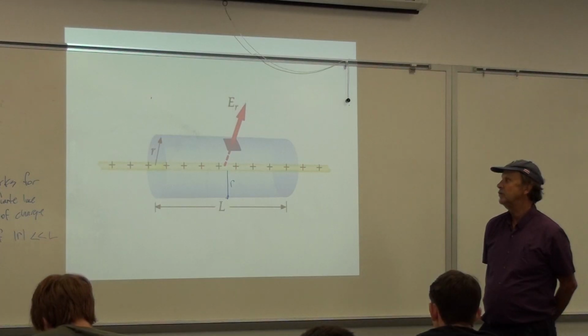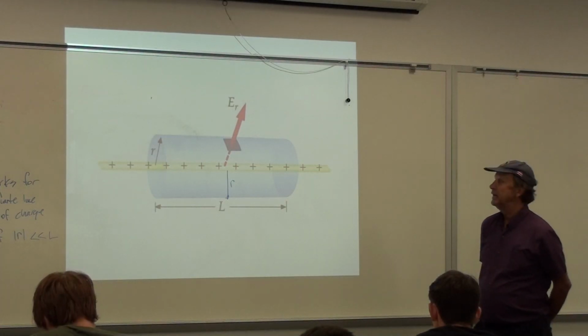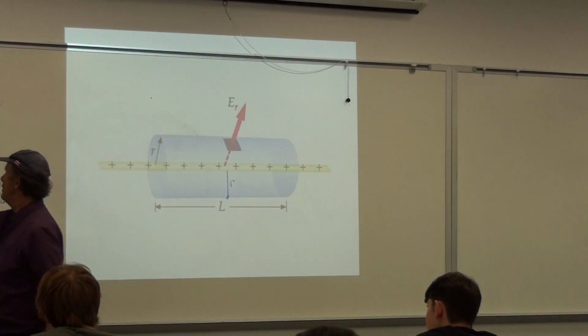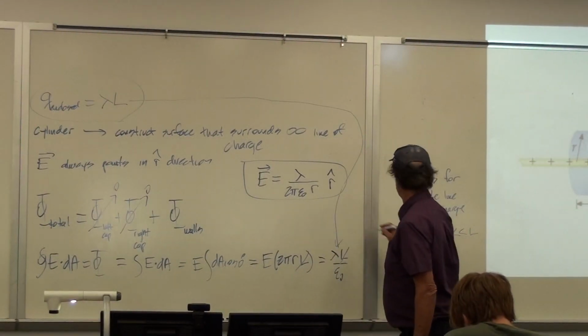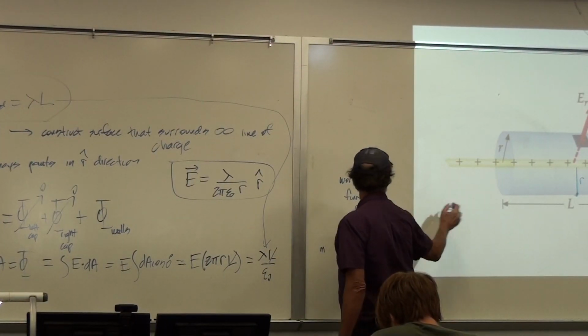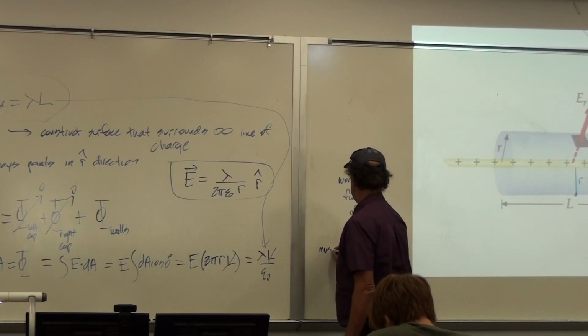I might have 1 or 2% error, but I can use this idealized approximation for a finite line of charge as long as you're close to the charge, and reasonably close to the middle.